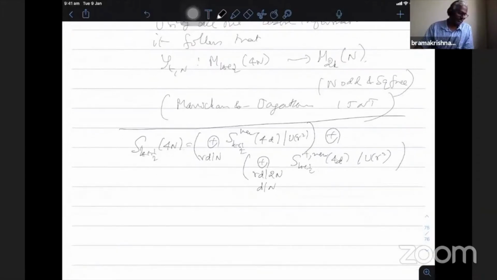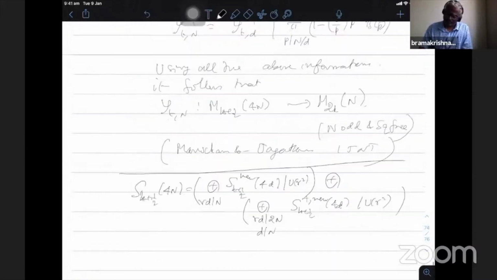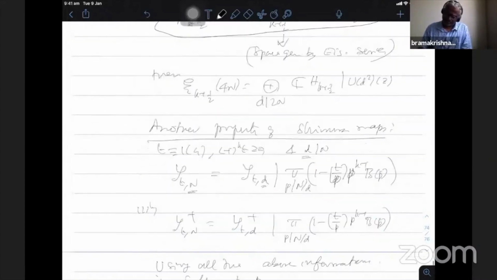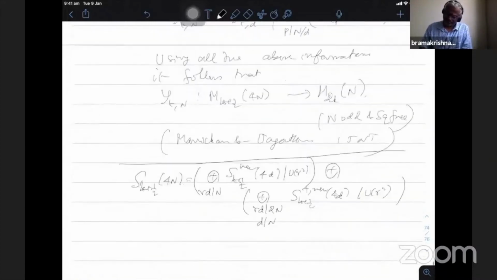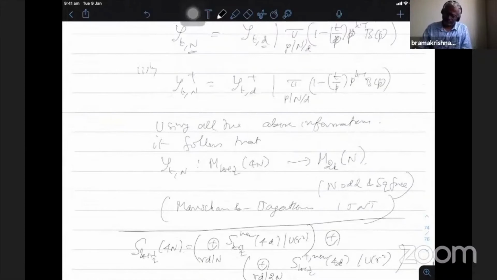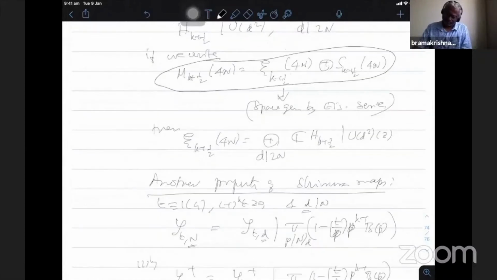So what did I write here? So therefore, the non-cusp forms in the case of level n come only from the modular forms of the plus space, not the full space.